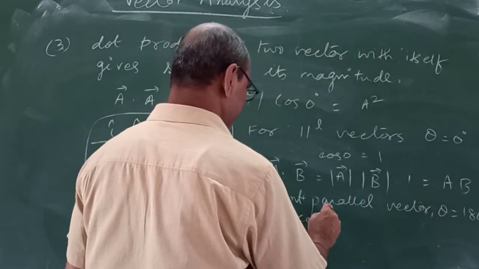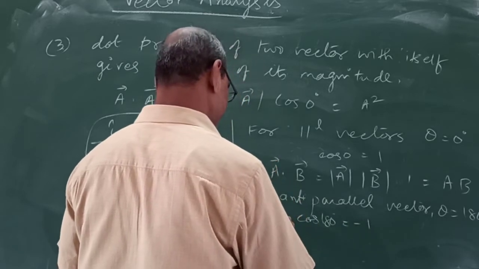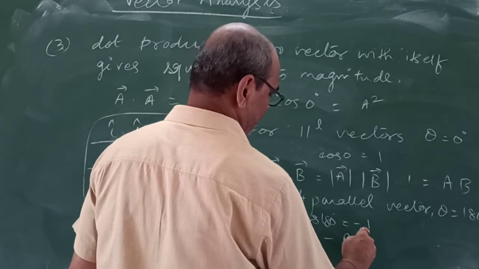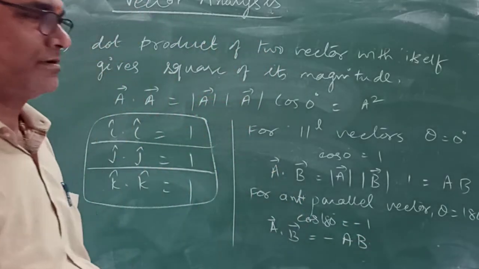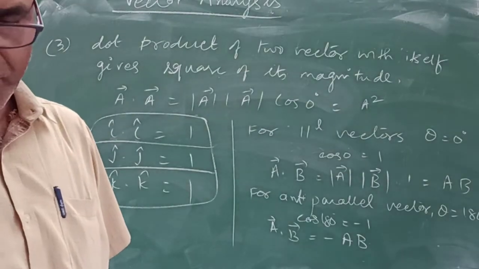Cos 180 is equal to minus 1. Therefore, A dot B is equal to minus AB. Is it clear?